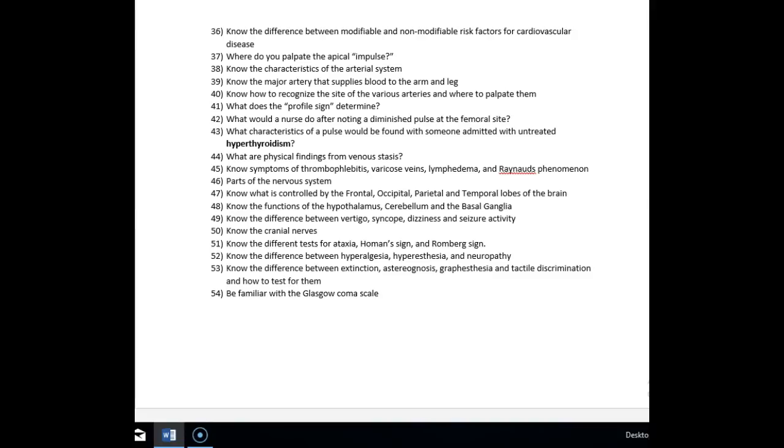The brachial artery goes into the two little arteries, the ulnar and the radial artery, but the brachial artery is probably the best, the biggest artery that you would want to look at as far as the arm.